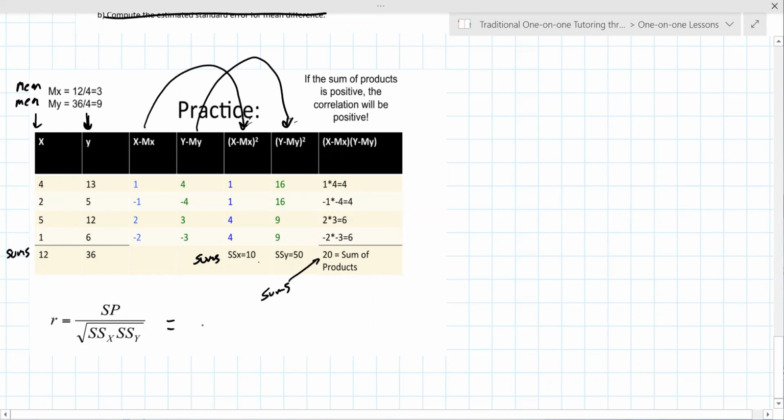R is the following. It's this SP. SP in this case is this number right here. See how it's the sum of products, that's SP. So it's 20 over the square root of sum of squares X, which your instructor shows here as 10, so the sum of this column, times sum of squares Y, 50.